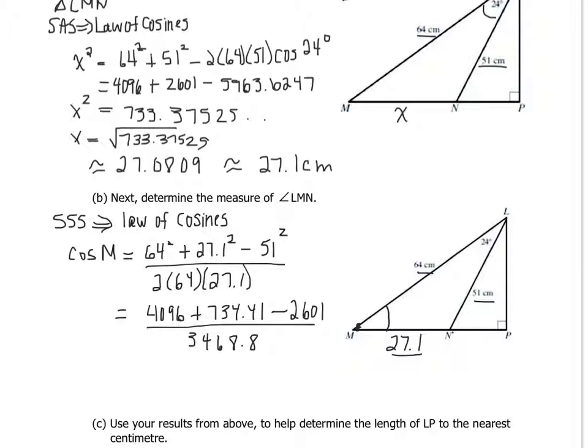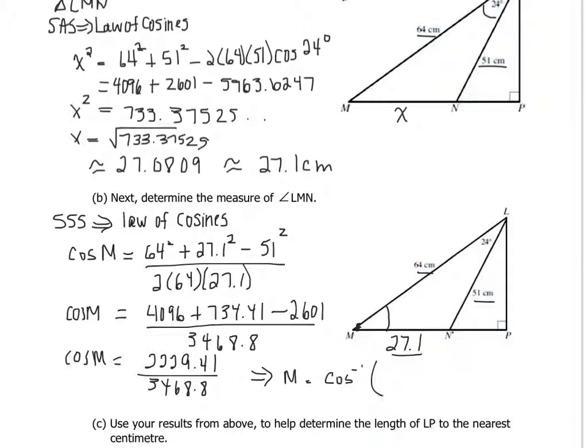3468.8. So cos of M equals, work out the top, 4096 plus 734.41 minus 2601 is 2229.41 over 3468.8, and that means that M is the inverse cos of that value.